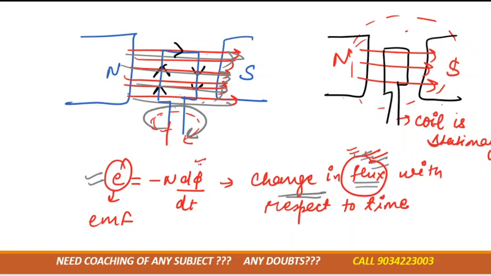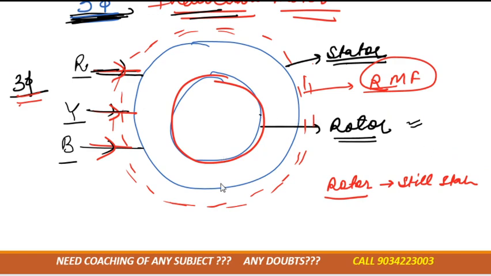And according to Faraday's law, if flux changes, then there is production of EMF, meaning in this case current is flowing in the coil. So remember this concept and compare that concept with this concept.